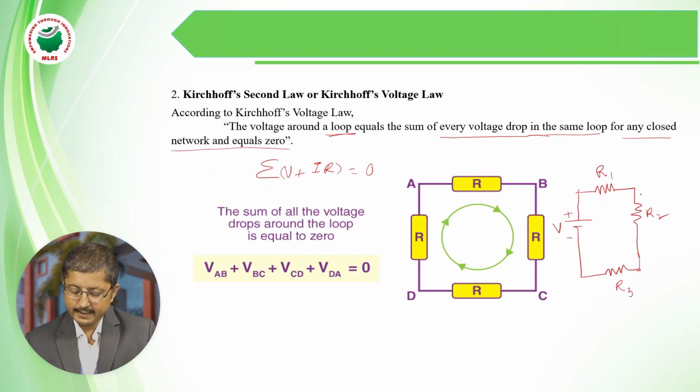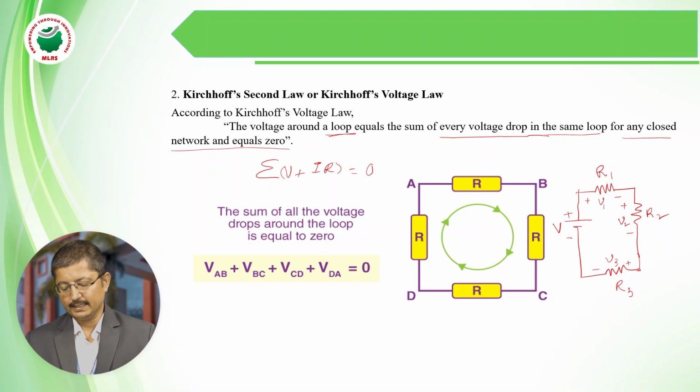The voltage drop across the first resistor I take as V1, across the second as V2, and across the third as V3.